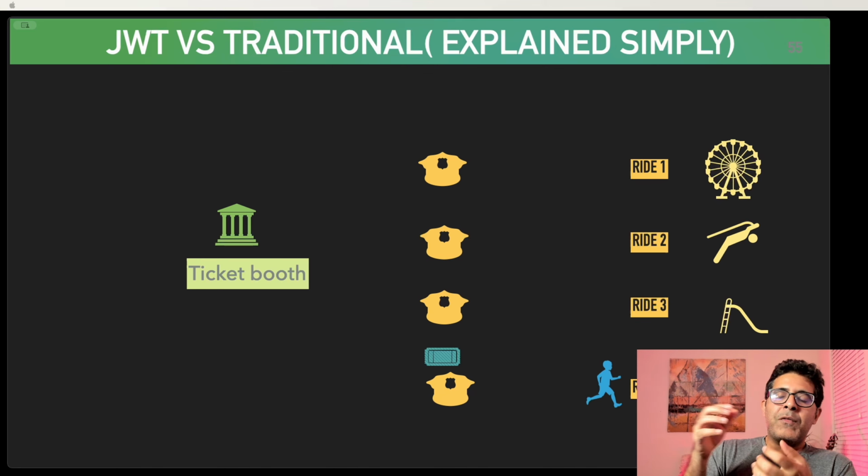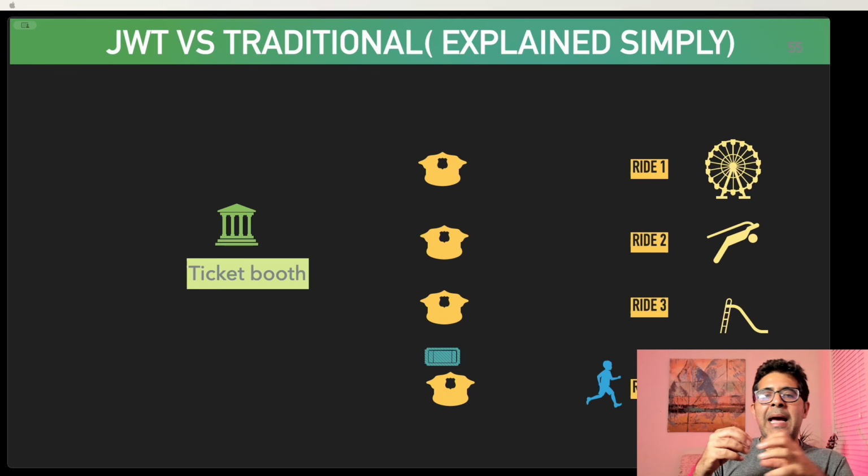because if the security officer is going to check the ticket every single time, imagine the line that is going to be formed, right? So where I'm going with this is that if you're going to do that with the traditional database, it is going to be much slower. If your traffic increases, yes, you can use cache, but even that becomes expensive over time. And also a cache is going to grow, right?